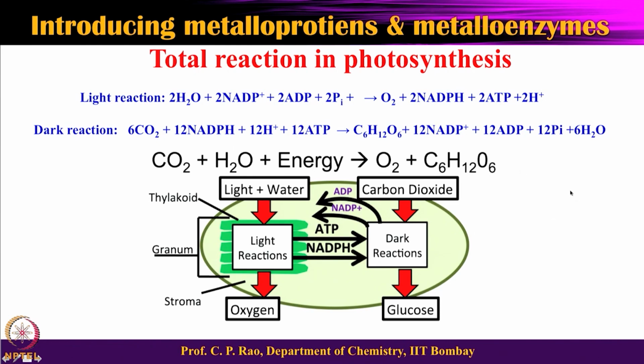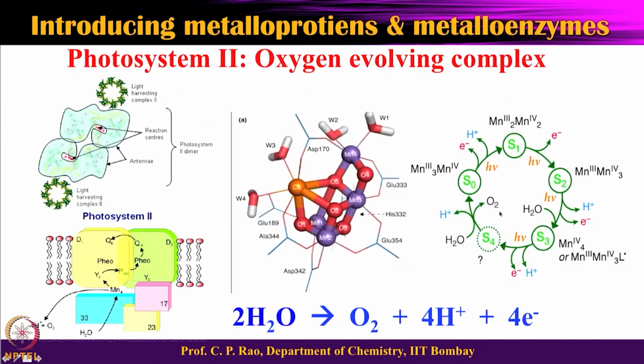These go at the photosystem 1, and this will go at the photosystem 2, and we as the bioinorganic chemists, inorganic biological chemists, are interested in the photosystem 2 reaction of converting water to oxygen.